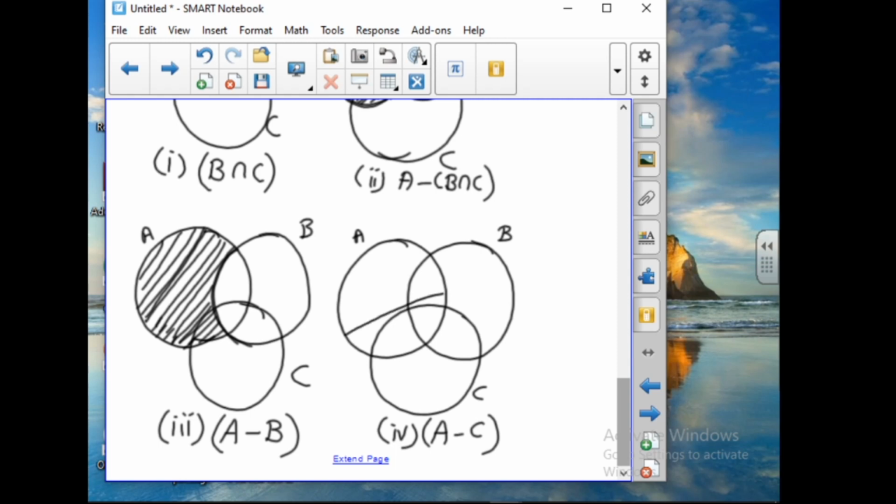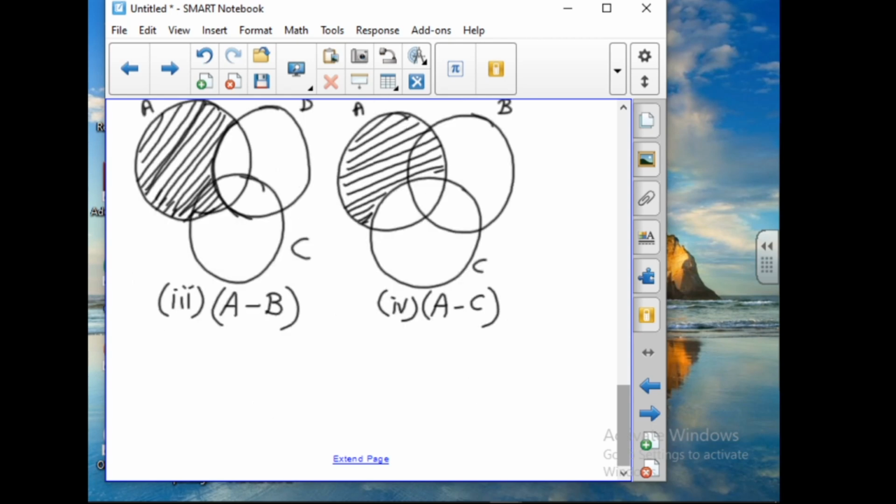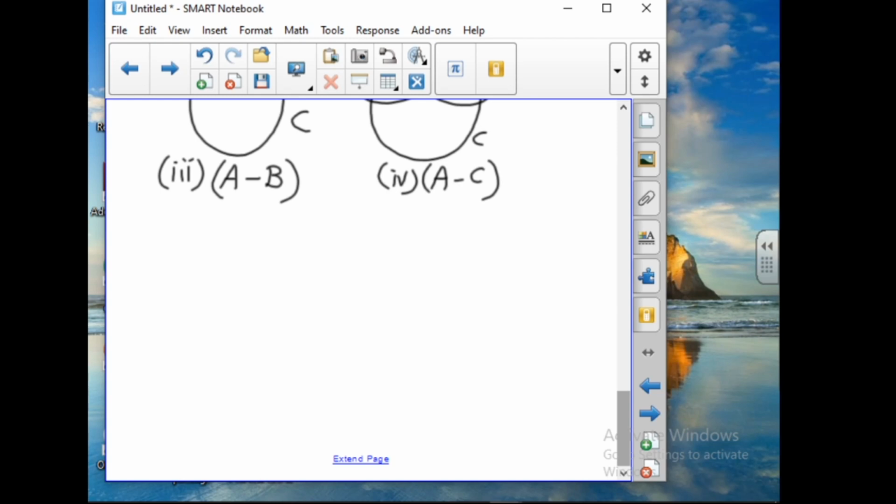Here B will come, no problem. Here the C set is not included. The next one. So you have to draw that.